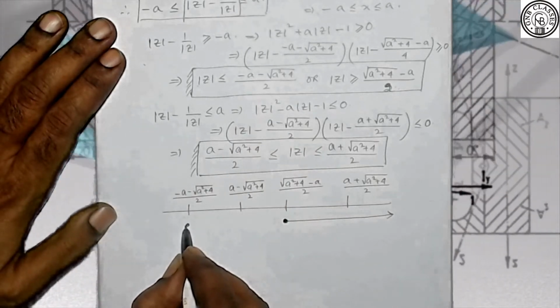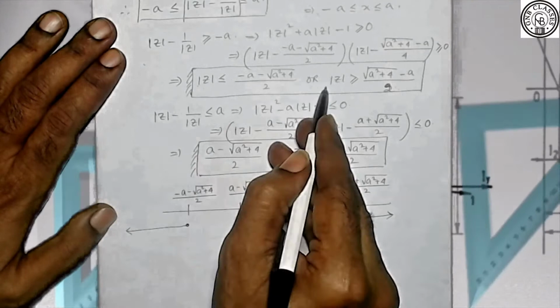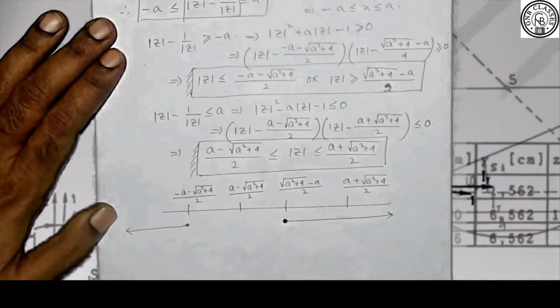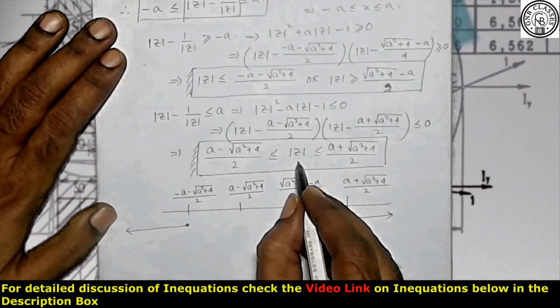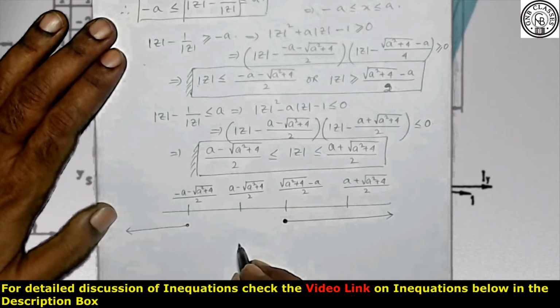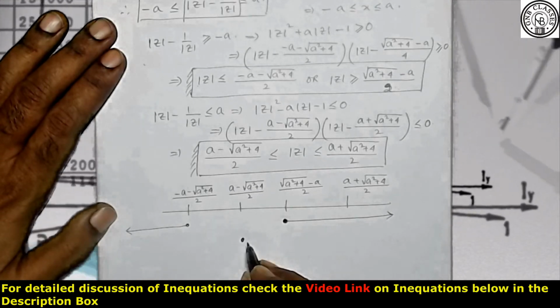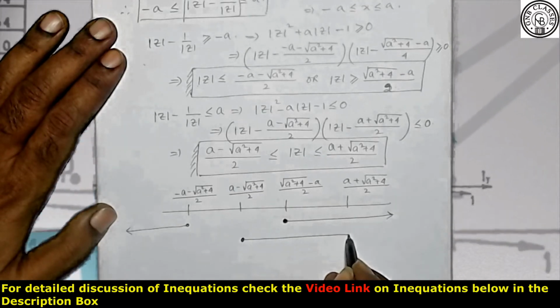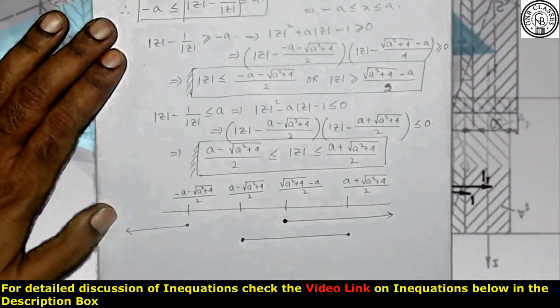So this is the region that exactly what we are getting from the first inequation. And from the second one we are getting that mod z is lying between this point and this point, right?